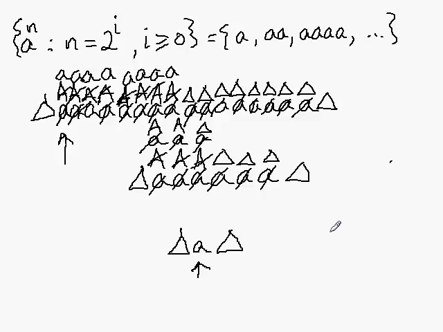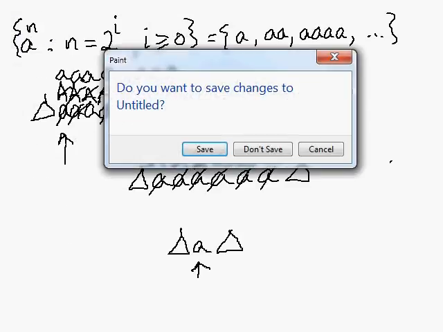Now, what would you do if you wanted to do powers of 3? What if you want to recognize strings like this? A to the n, where n is 3 to the i for i greater than or equal to 0.